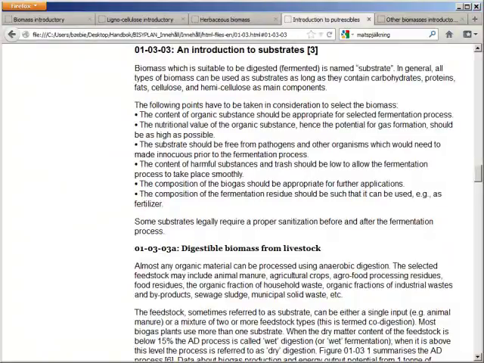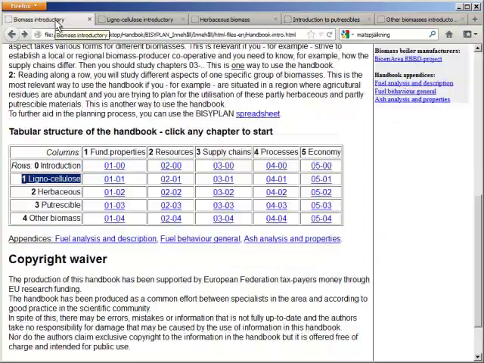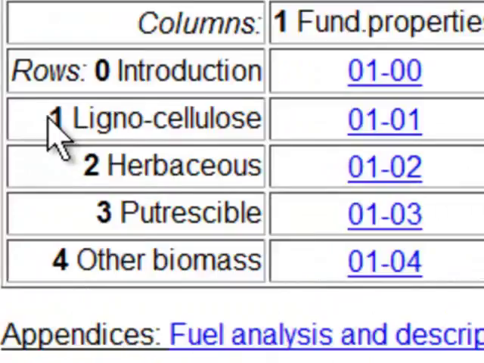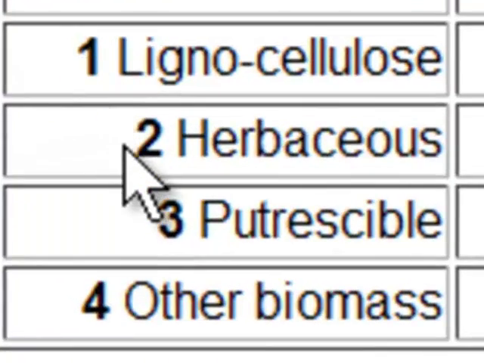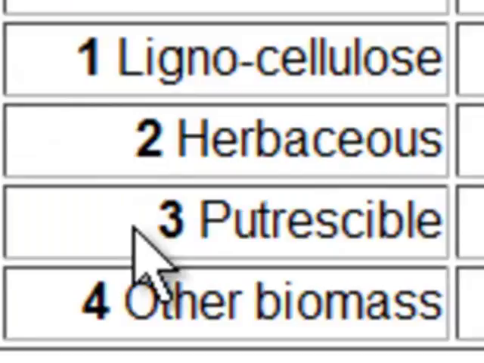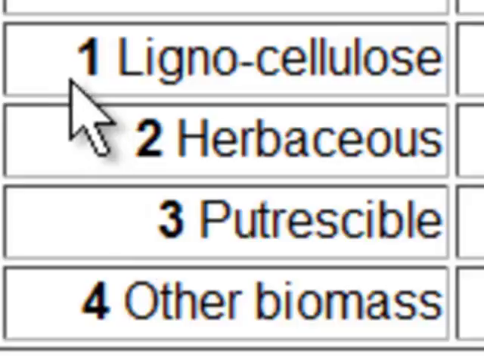So if we go back now to the main table of the course literature, you will realize that the three groups, lignocellulose, herbaceous biomass, and putrescible biomass, are characterized and distinguished by their content, basically, of cellulose plus hemicellulose plus lignin.